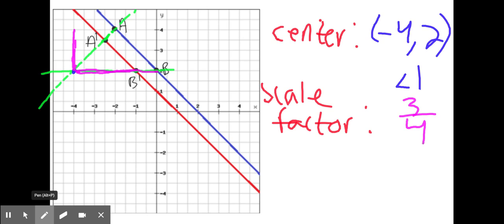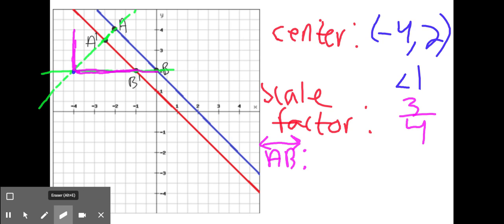So for my pre-image, which is line AB, I just want to write out the equation. Well, notice that both of these two lines have very clear and distinct y-intercepts marked on the graph. So I'm going to use slope-intercept form to write this equation, which means I need to find my slope and my y-intercept. So in order to find the slope, I can just count.